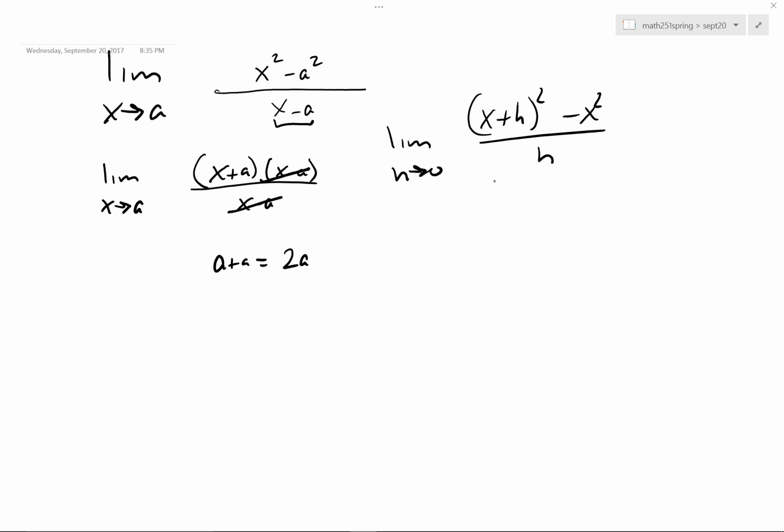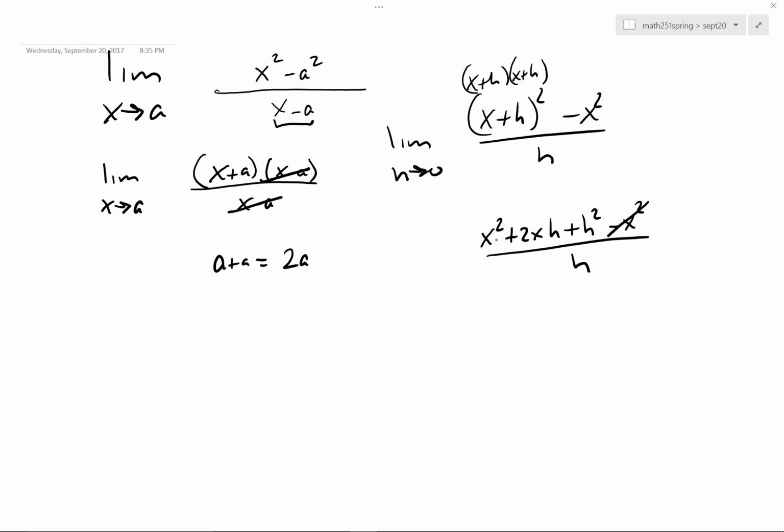Okay. And what's going to happen here is this. On top, you're going to FOIL that out. So it's going to be x plus h times x plus h. But what ends up happening is you let h go to 0. This becomes x squared minus x squared, which is 0, over 0, which is a problem. So if I distribute that out, I will get this over this.